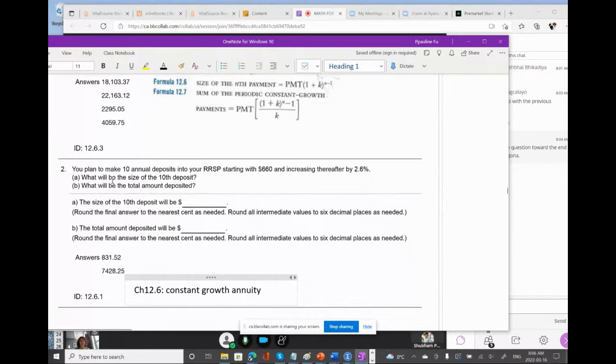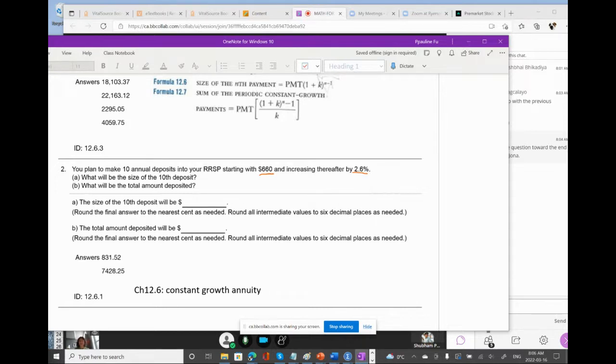I'm going to use question 2 to illustrate the constant growth annuity. Let's say here, question 2. You plan to make 10 annual deposits into your RRSP, starting with $660 each year and increasing by 2.6%.